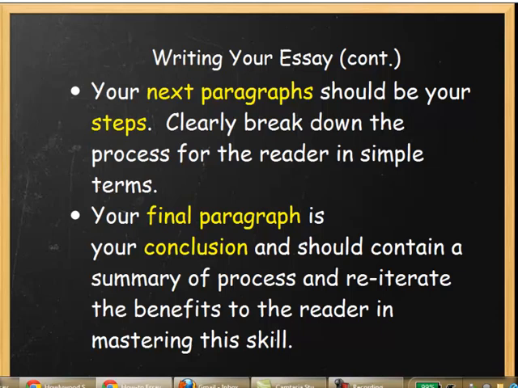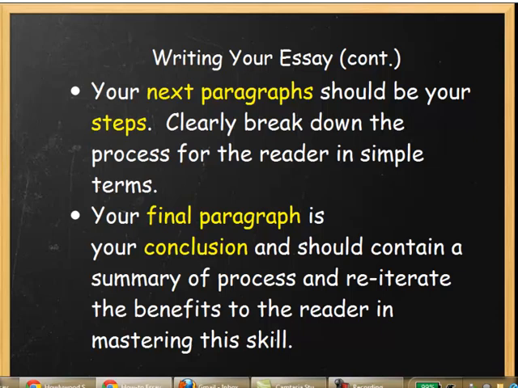Even steps that you think may be common sense and people should figure out, sometimes you need to go ahead and include those steps as well, so that the reader cannot miss anything and get confused. So it should clearly lay out the steps to completing your particular process.